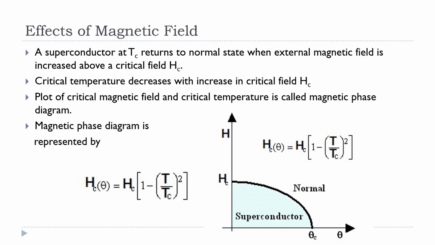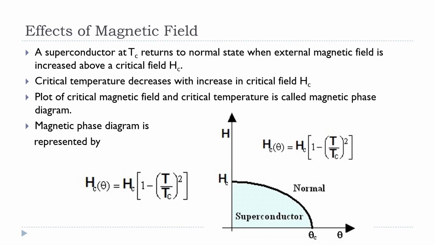Now, when the temperature is again decreased further below Tc, again we may be able to achieve superconductivity. So this understanding has been plotted in a graph of critical temperature theta c versus critical magnetic field Hc, and we have obtained this curve.